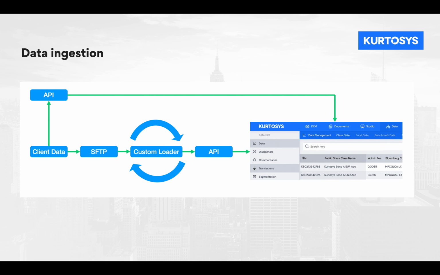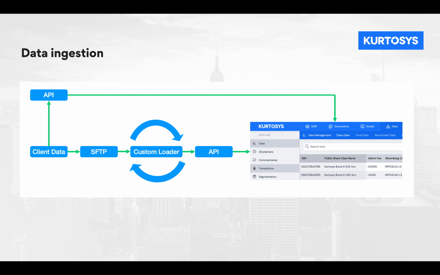And that custom loader is responsible for taking their data and transforming it to the correct format that is required by our API so that it can be ingested by our platform. So the customer would provide us with a CSV or XLSX file.